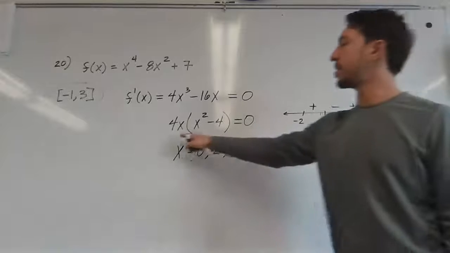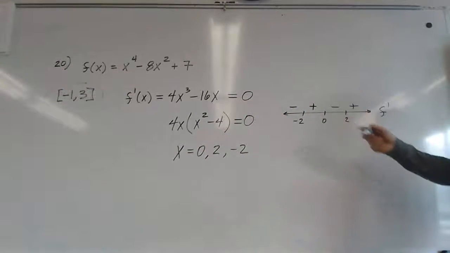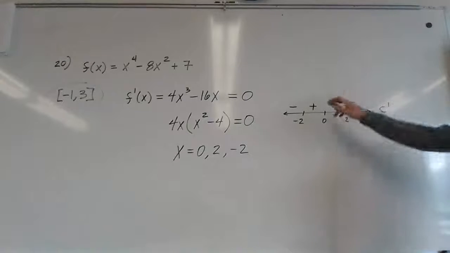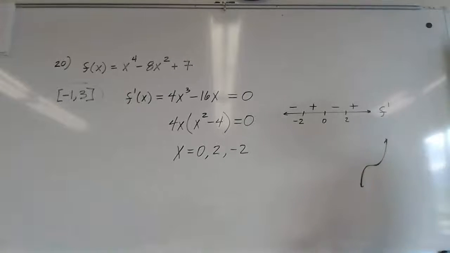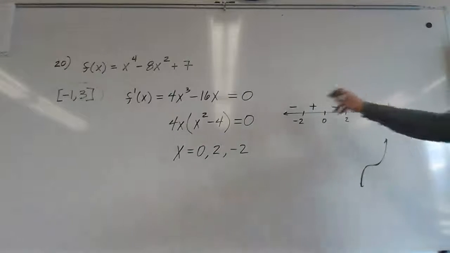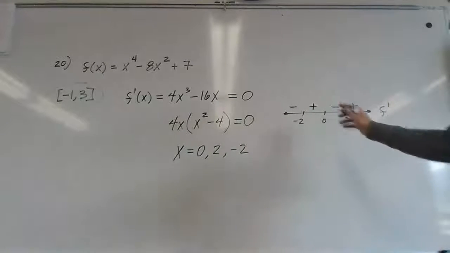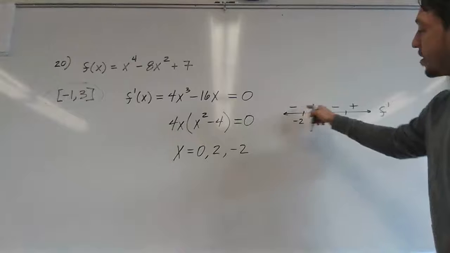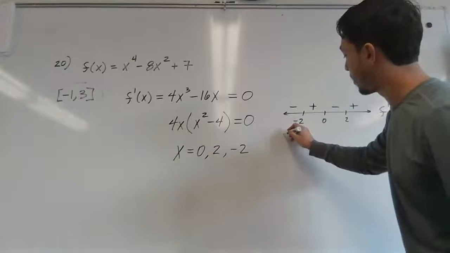Plug in -3, negative times positive. Polynomials tend to, not every single time, they can go, like in the case of a cubic, increasing, but a lot of the time they go alternating because they're wiggly. So anyway, what that tells us is that the function goes decreasing, increasing. So what that might look like is something like decreasing.